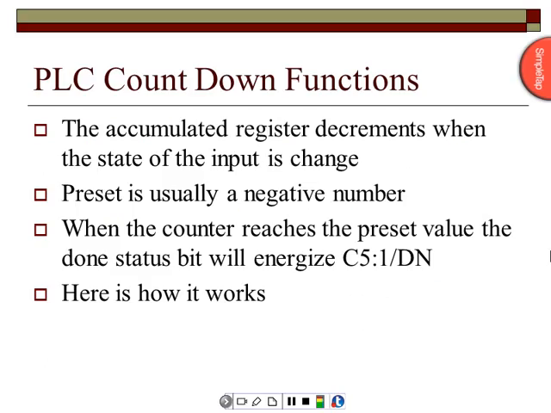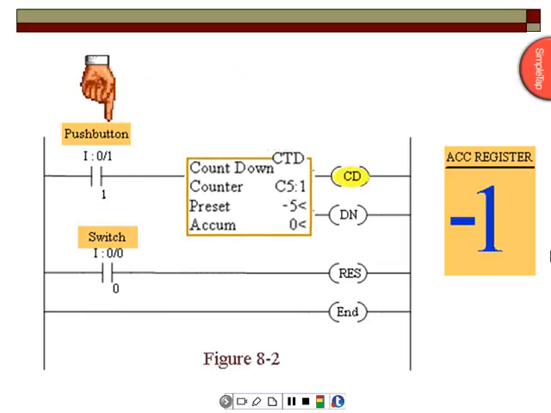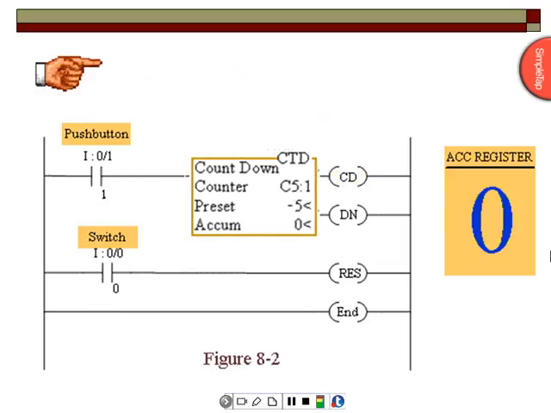Alright, count down, I told you, uses negative numbers. You have to count through 0, and it's going to decrease by 1 every time. So here it is, and I don't think I actually counted the 0, but it would count right here. I'd hit the button, and it's on 0.